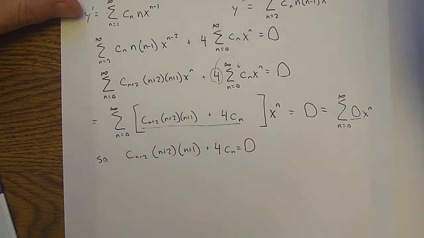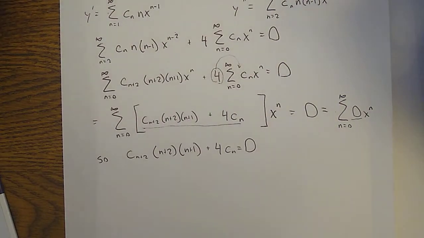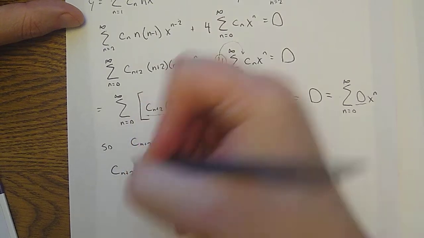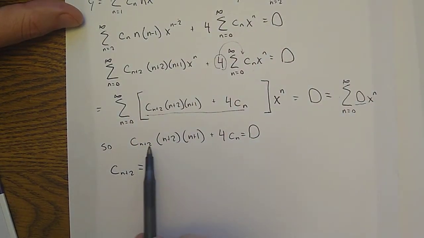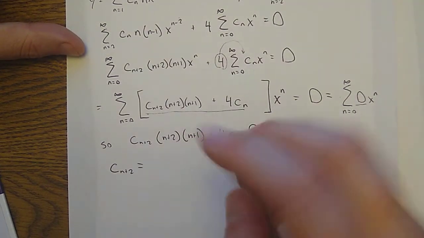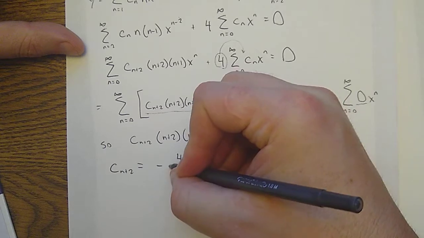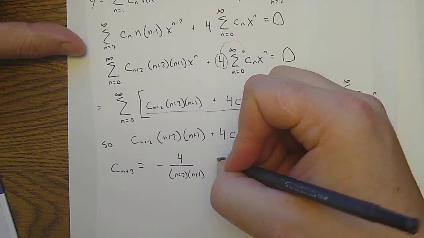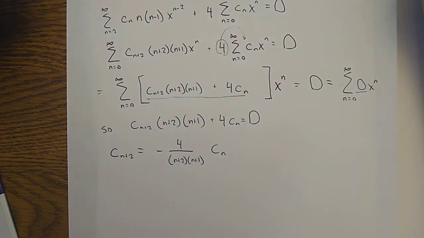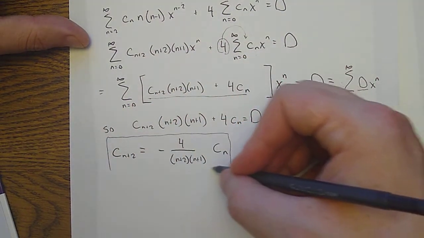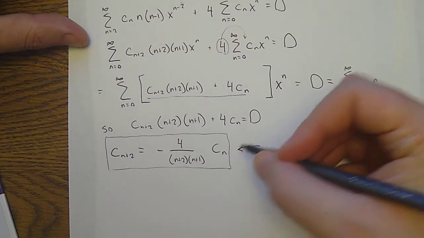So what we can do is we can find a recursive formula. If I can solve for c sub n plus 2 in terms of c sub n, so I would subtract this and divide by this, I would get negative 4 over n plus 2 times n plus 1 times c sub n. We'll call this my recursive formula.